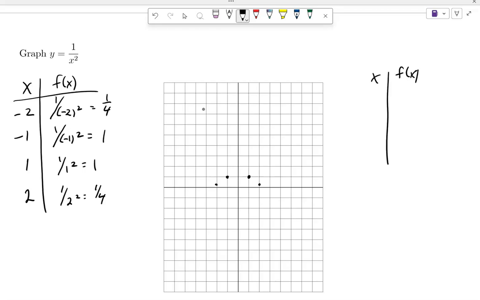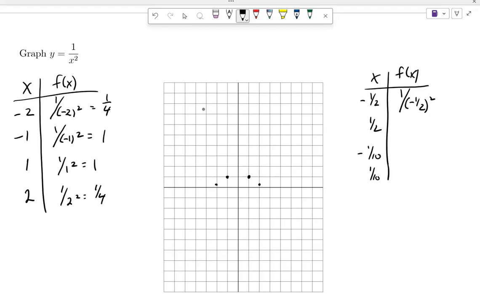Not a whole bunch, but let's put in a half, -1/2, and I'll also put in a +1/2 because that'll be on the other side. And let's do -1/10 and +1/10 to see if we can figure out what's going on a little bit. We square the negative, it becomes positive, right? 1/2 squared is 1/4, but it's in the denominator.